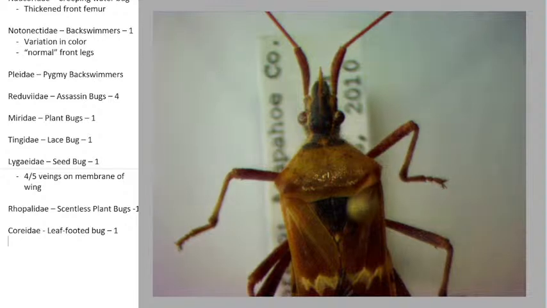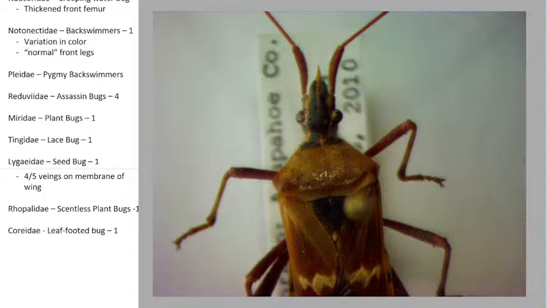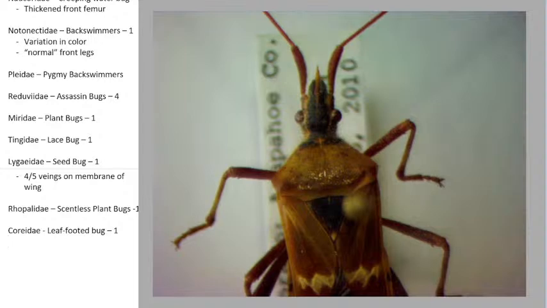This is his head, and his head is definitely narrower than this triangle right here. That's his pronotum, kind of like a shield that guards his back. The head is narrower than the pronotum, and that's true in all leaf-footed bugs. So that's a thing that you can look for.